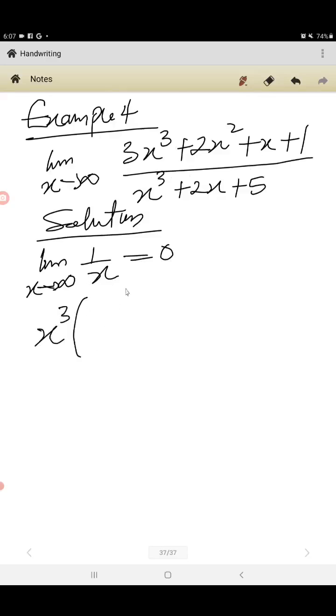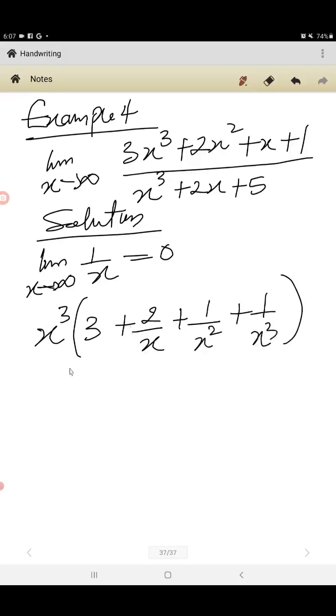If x cubed is common, it means it will remain 1 plus, so x cubed, this one will give you 2 over x, because by the time you multiply x cubed with this, it will give you 2x squared. This one will give you plus 1 over x squared. This will give you plus 1 over x cubed. That is for the numerator.